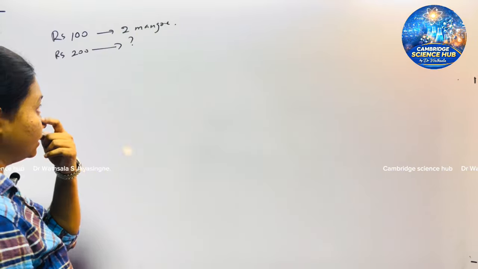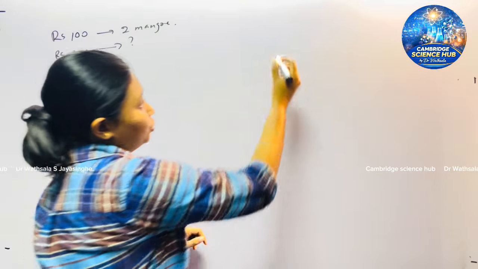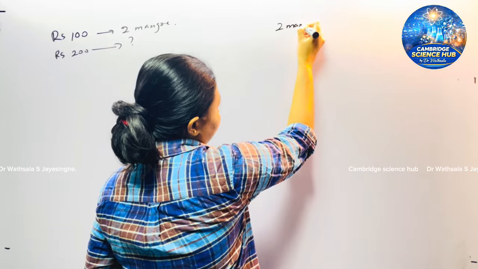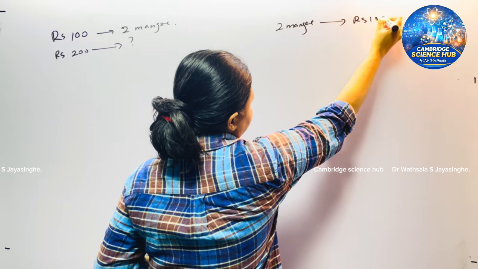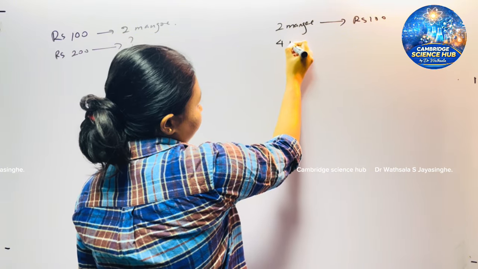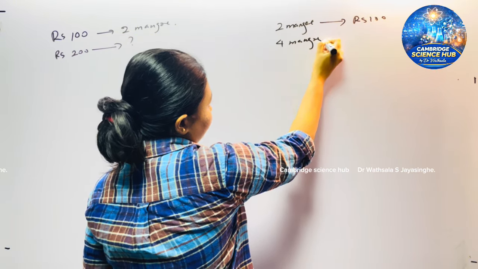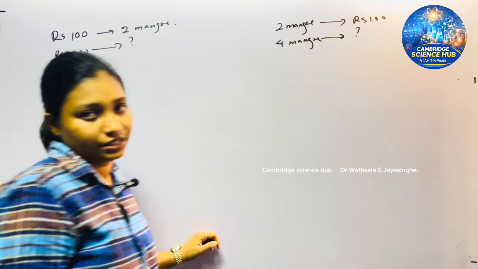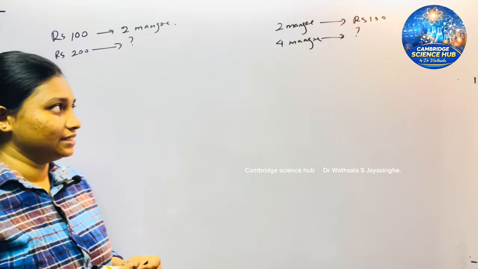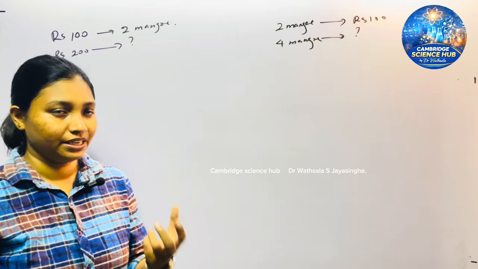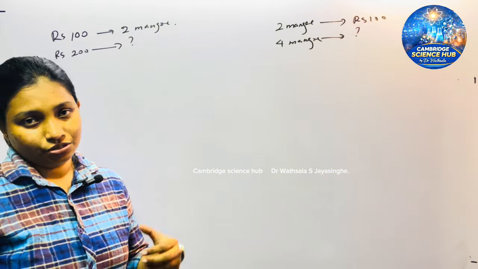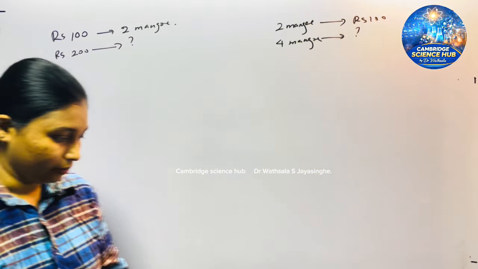On the other hand, the same question can be repeated: two mangoes are 100 rupees, find the price of 4 mangoes. Likewise, especially mole questions are based on questions like this. So let's go to the question directly.